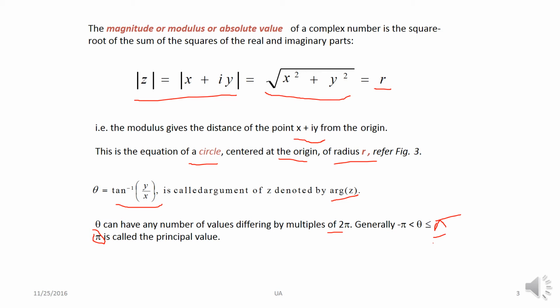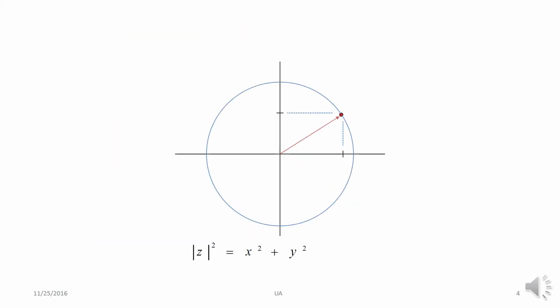So let's see now figure 3. Figure 3 is almost the same as figure 2. This is our real z, this is our imaginary z, this is the x-axis, this is the y-axis. So this is x, this is y, and this value x is r cos theta.